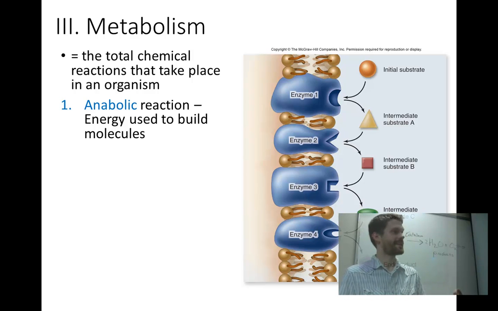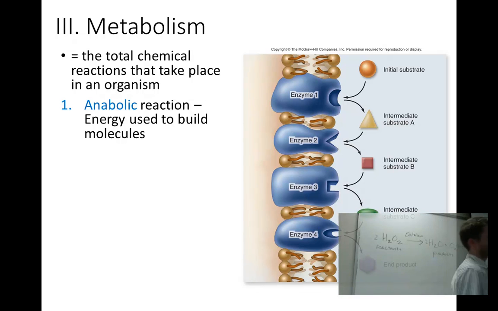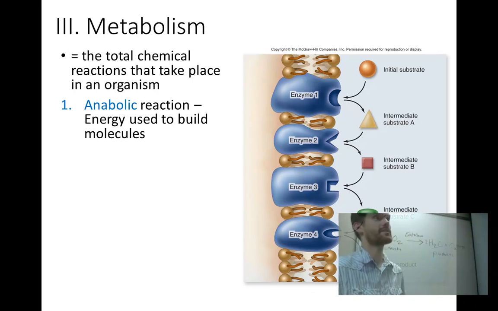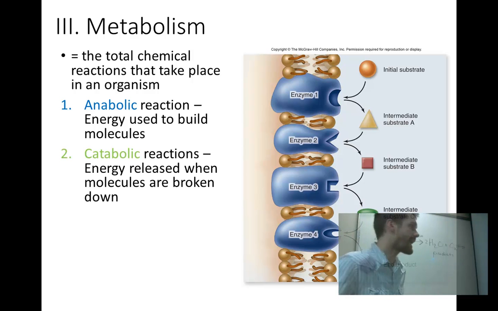Baseball players take anabolic steroids. What does that do to a person? Makes them build muscle. So you're building molecules, yeah. It creates anabolic reactions which increase the muscle mass. Okay, catabolic reactions are the opposite. They are breaking things down, and they release energy.